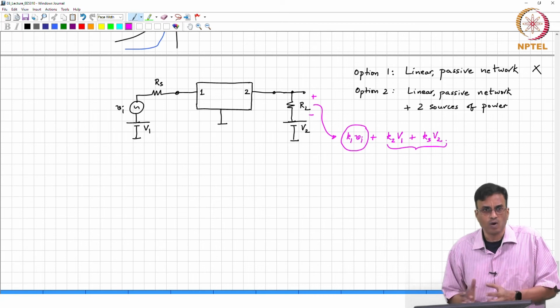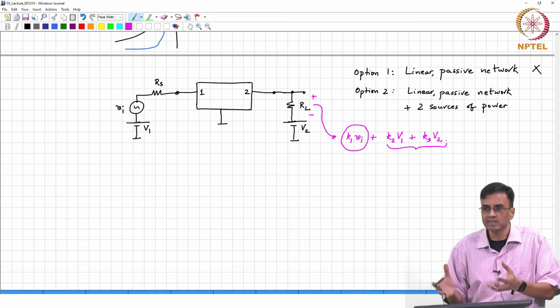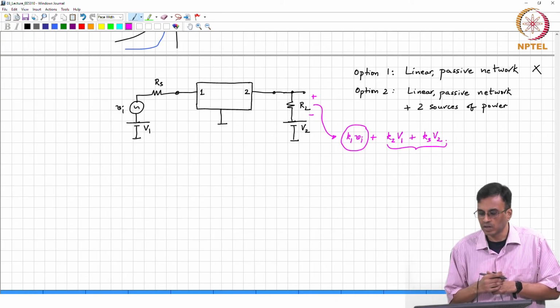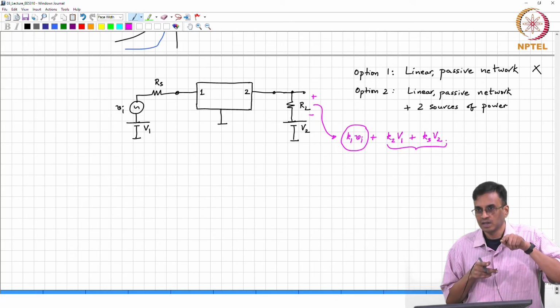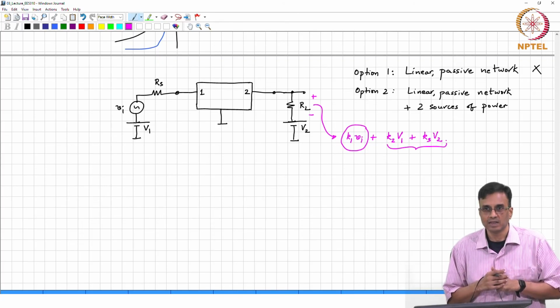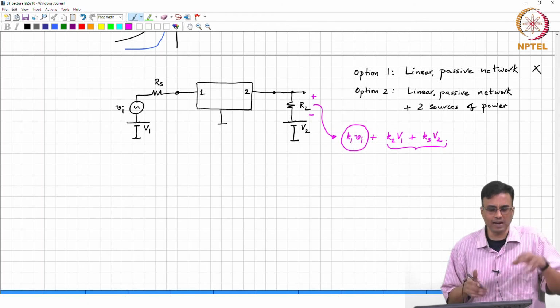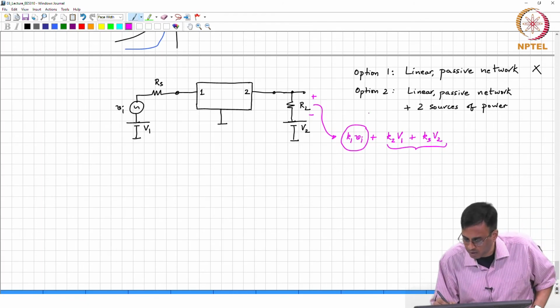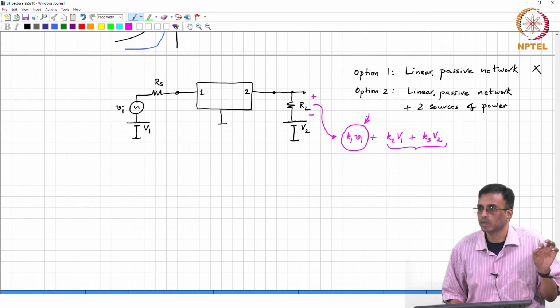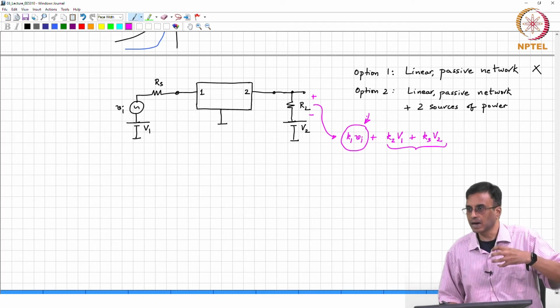However, most of that power is wasted power, right, because it is due to the DC sources V1 and V2. The signal component of the power, finally we are interested in making the power corresponding to the input voltage source Vi more than the input power drawn from Vi.